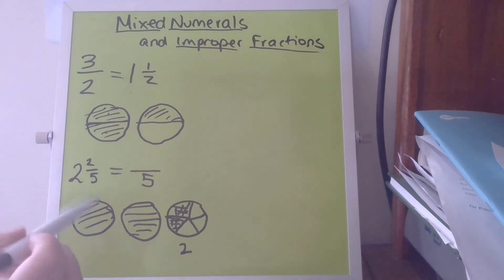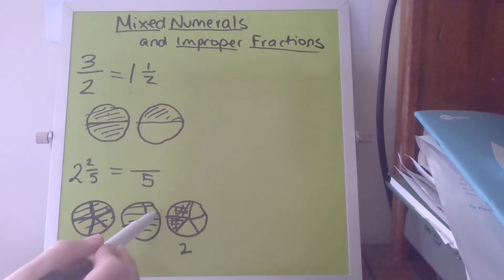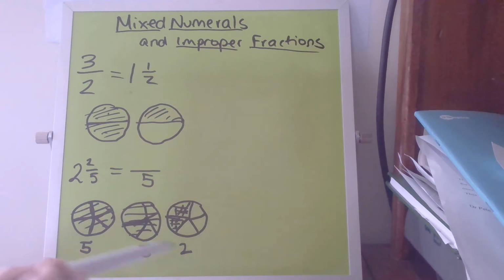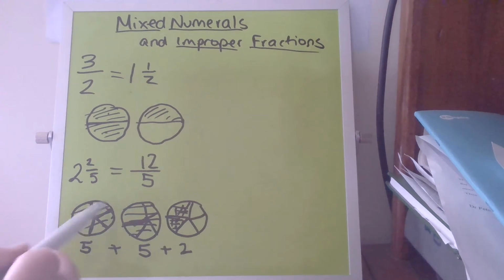If I break a whole into fifths, 1, 2, 3, 4, 5, I have 5 fifths for each of them. 5 fifths, 5 fifths, 2 fifths. 5 plus 5 is 10, plus another 2 is 12. So that's actually equal to 12 fifths. Whatever denominator you're using is how many parts you're breaking each whole into. So each of these wholes contains 5 fifths each.